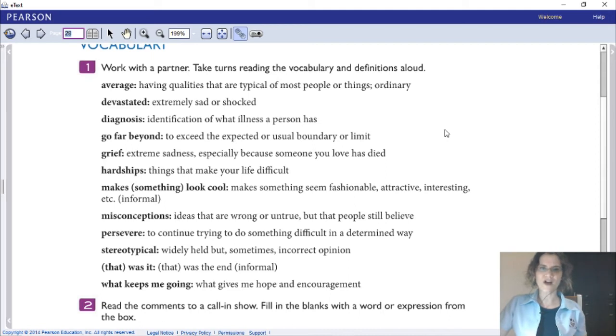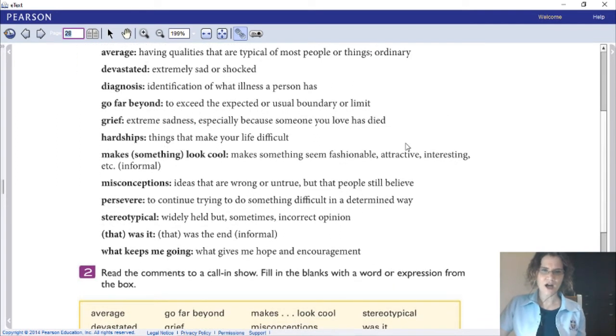Go far beyond, to exceed the expected or usual boundary or limit. You push further. Grief is extreme sadness, especially because someone you love has died. Hardships are things that make your life difficult. Make something look cool, make something seem fashionable, attractive, interesting, etc. It's informal. Misconceptions are ideas that are wrong or untrue, but that people will still believe.